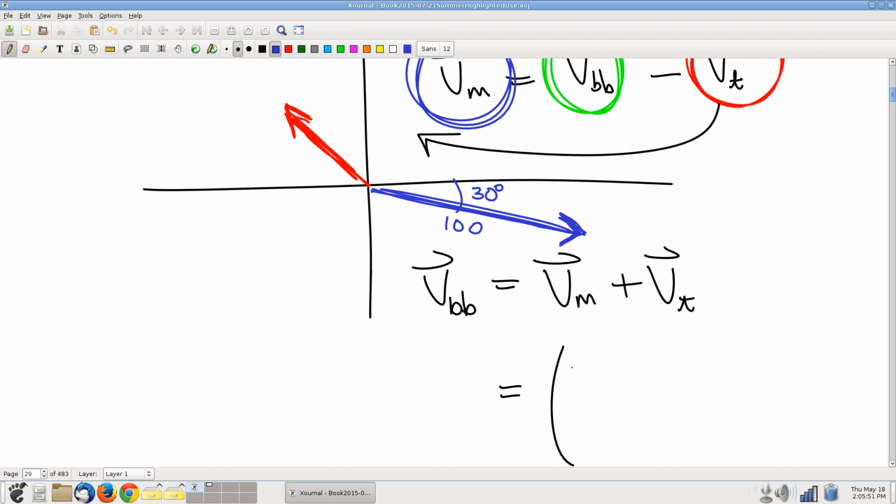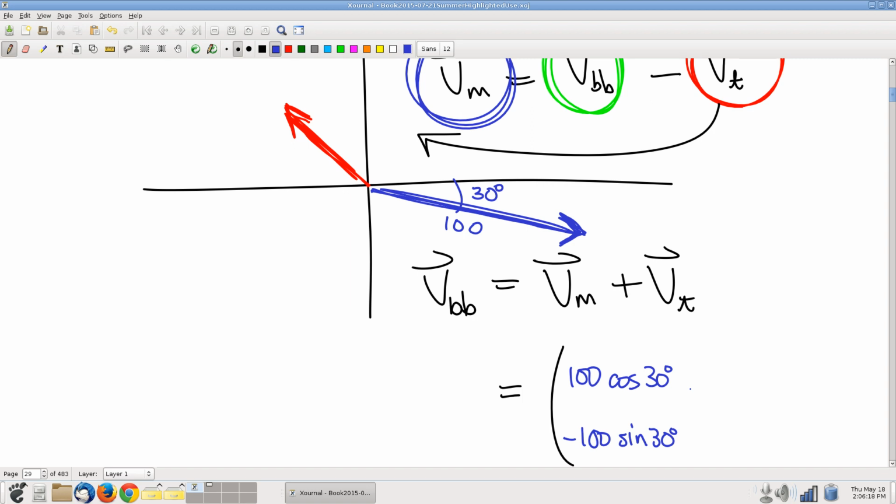The first component is 100 cosine of 30 degrees. That tells you that that's the x part. There's a little bit of trig there. Everybody happy? And then the second part is negative because it's clearly going down. So negative 100 sine of 30 degrees.